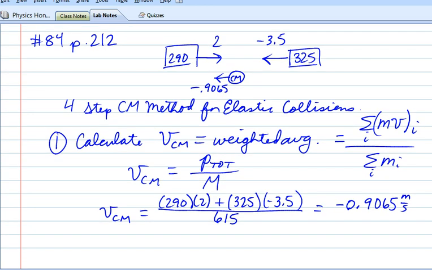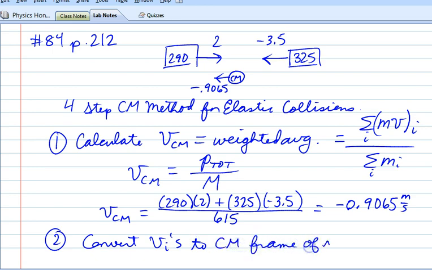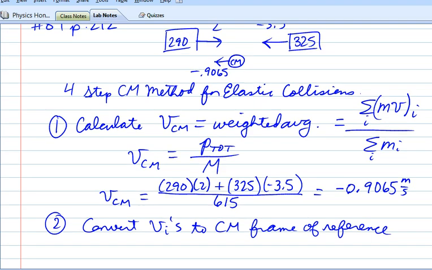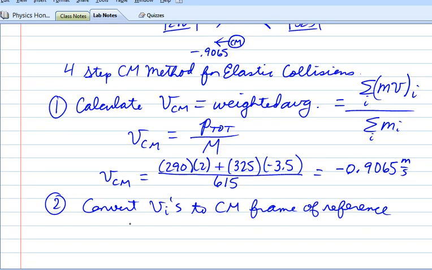And in the next step, what we do is we basically convert the initial velocities to the center of mass frame of reference. In other words, if we were moving with the center of mass, what would our velocities look like? Okay, and the actual equation looks like this.